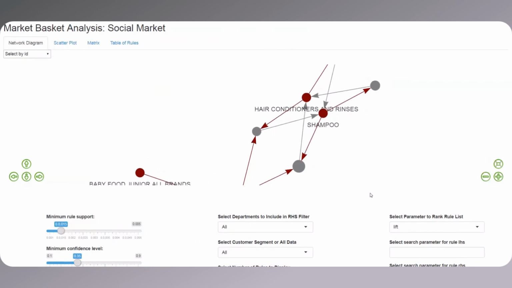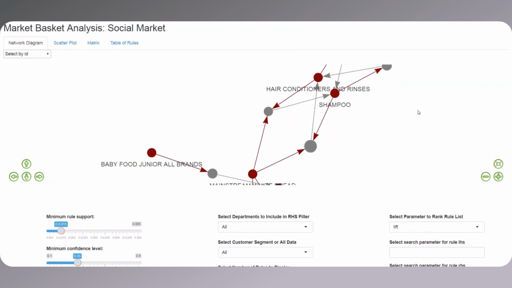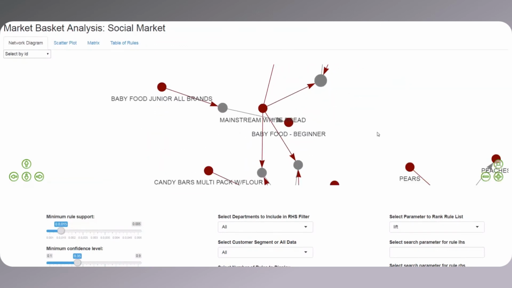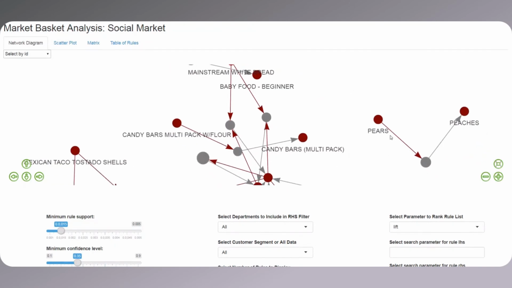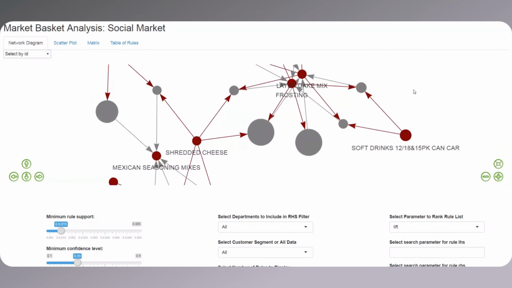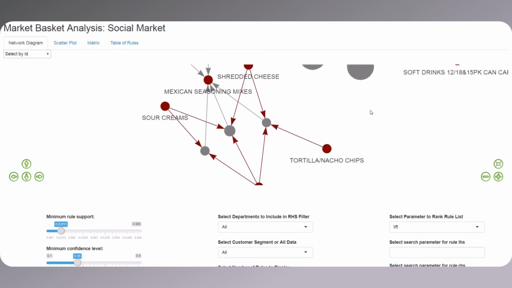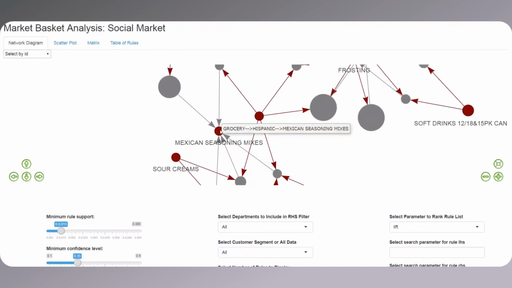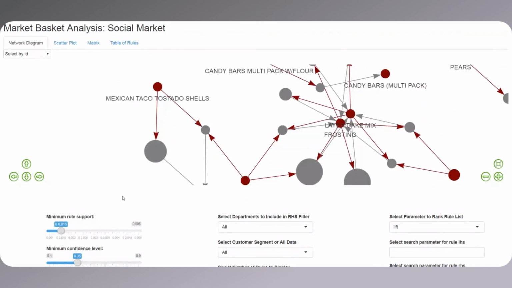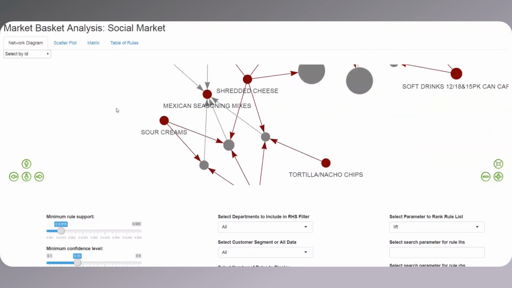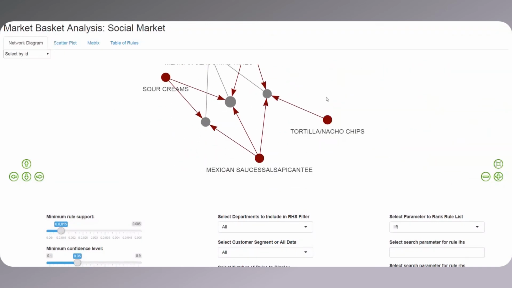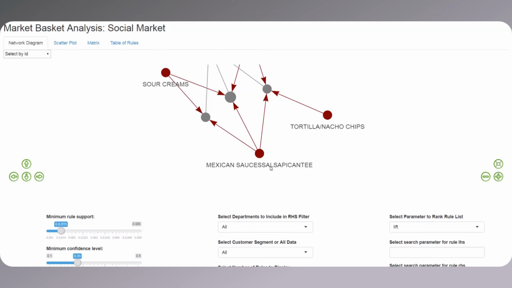And zooming in, we see a number of relationships: shampoo and conditioners, baby food, canned pears and canned peaches, layer cake mix and frosting, and we see a cluster of items involving Mexican seasoning mix, sour cream, shredded cheese, taco shells, tortilla and nacho chips, and salsa.